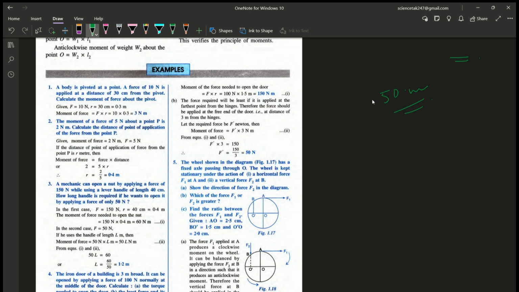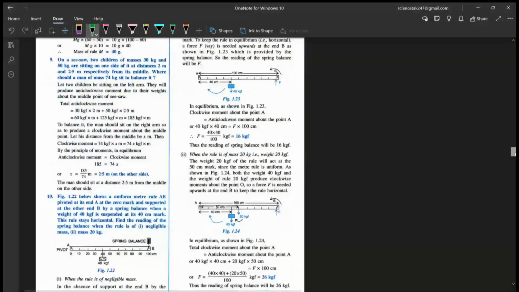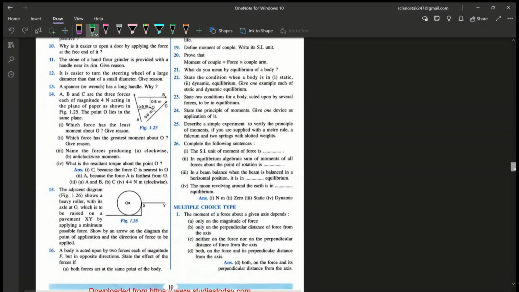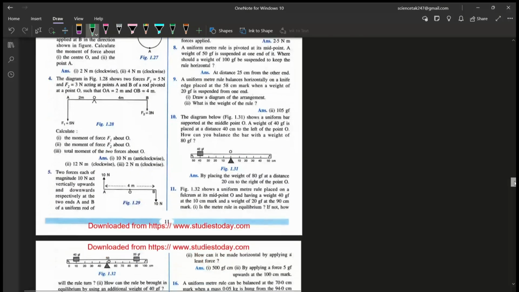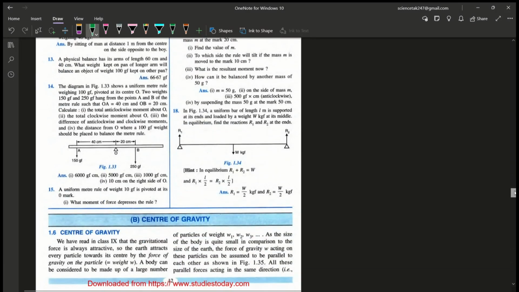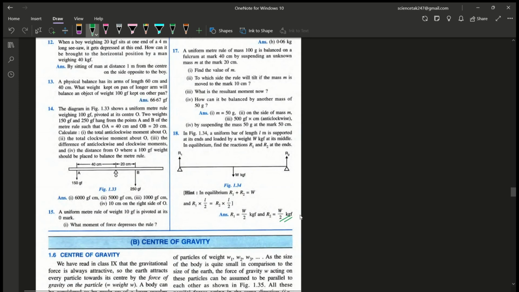I'll discuss a few important ones from here. Thereafter, we'd head into these. Let's discuss all of these in the next lecture. So I'm planning that we'll have these 18 numericals and a few examples that have been mentioned.